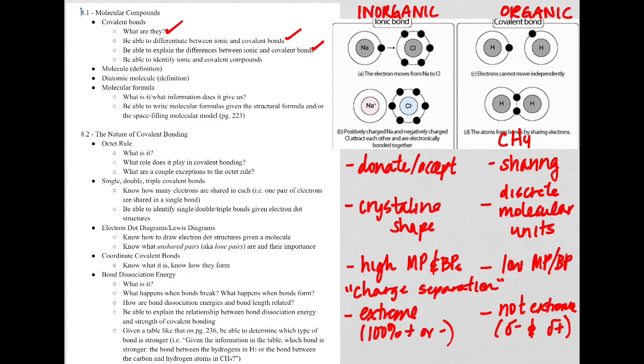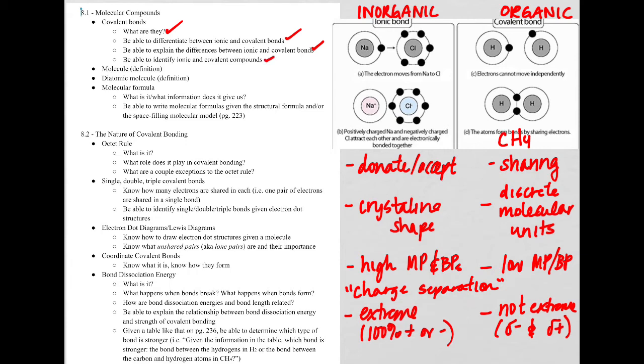So those are the 4 big differences between ionic and covalent compounds that you need to know. Well, if you know 3 of them, you're good. And you're going to need to be able to identify ionic and covalent compounds.